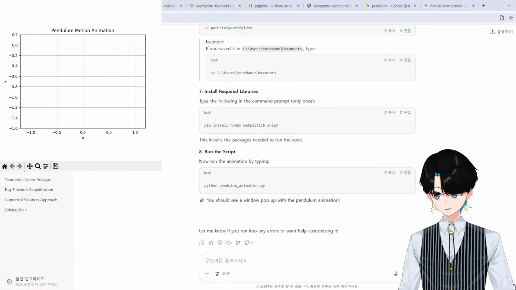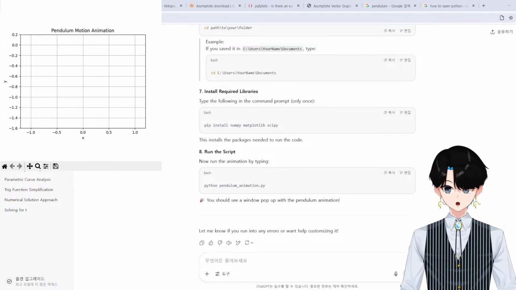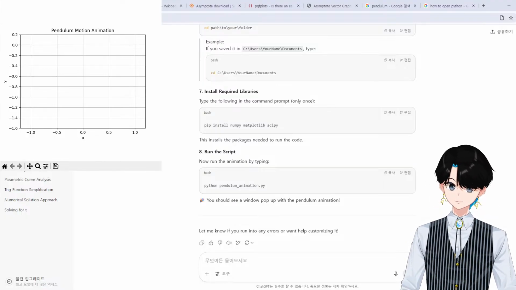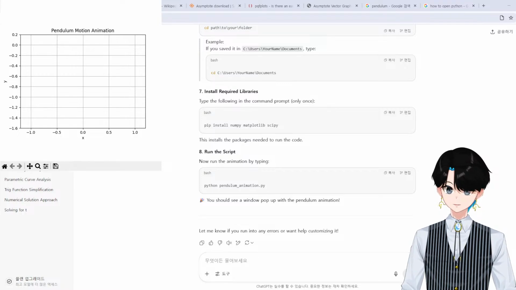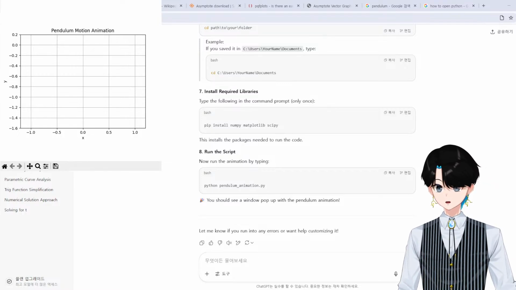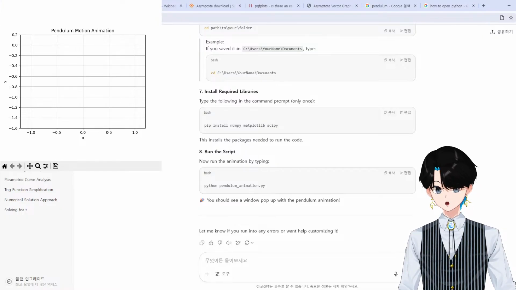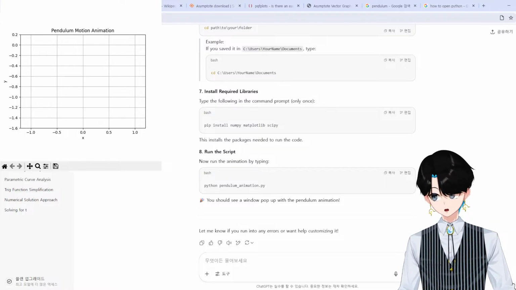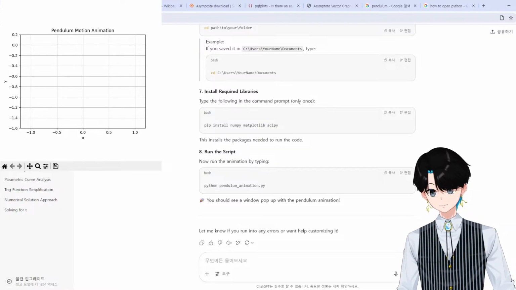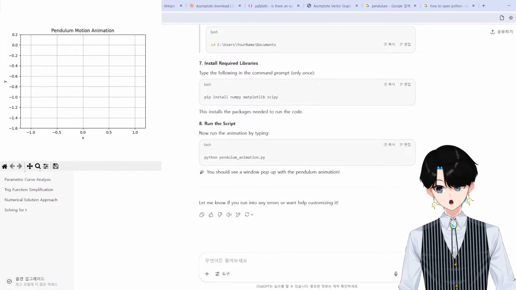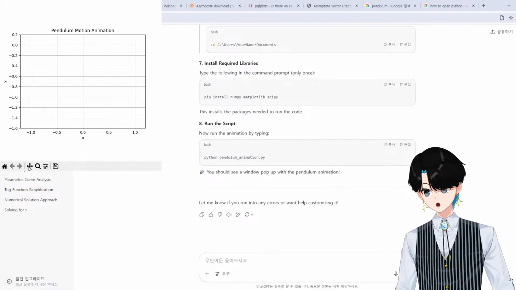This section is longer than the one that I have performed for the entire live stream. It's okay. Well, Google says that it should be showing. I don't think so. You should see a window pop up in there with the pendulum animation. Let me know if you run into any errors or want help customizing it. Wait a minute.